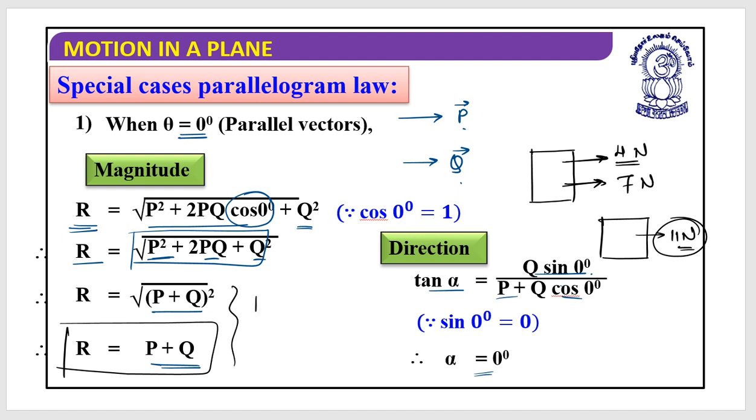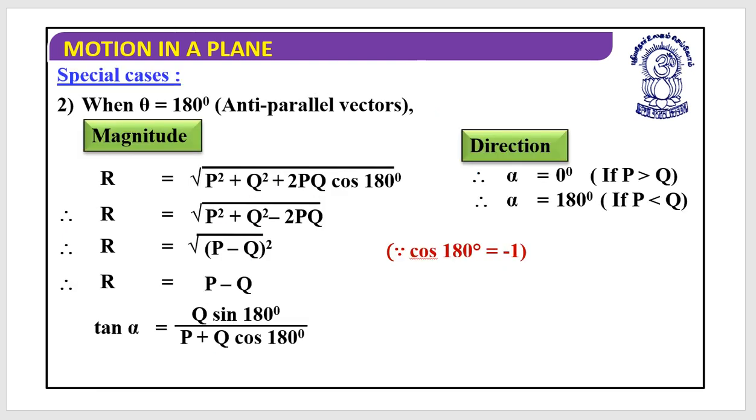This is the condition to form the maximum resulting vector. I'm talking about the magnitude. This is the case of the maximum resulting vector. You cannot form any resultant greater than this. So please remember this. Let's look at the next case.